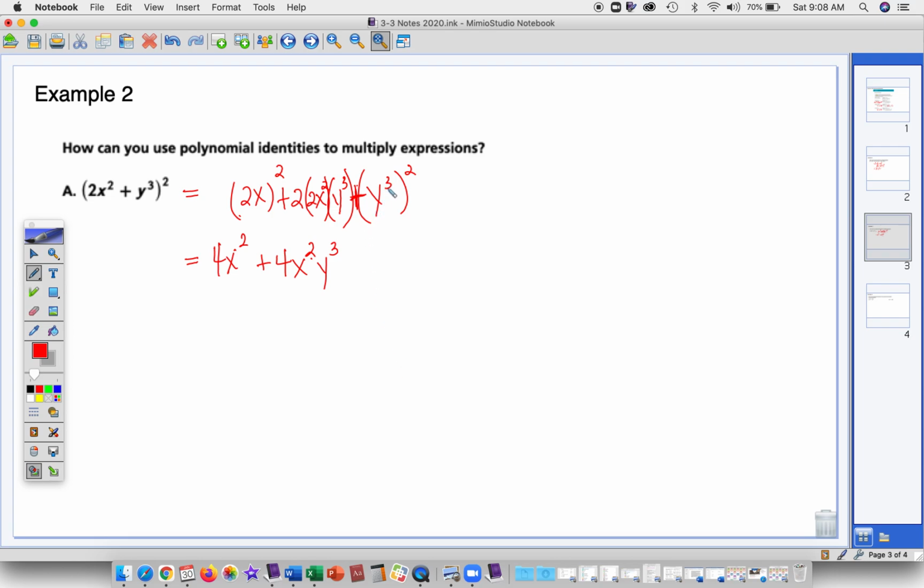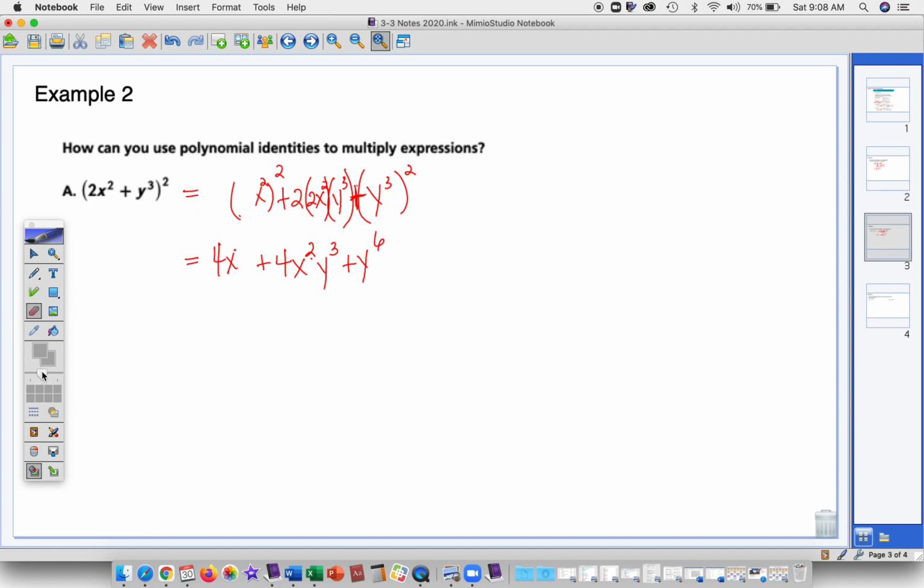And then when we take y cubed and multiply it by itself, remember y cubed times y cubed, we're adding the exponents, so it becomes y to the 6th power. Okay, now, oh, and I missed the square here. Sorry about that. I just did a 2x instead of a 2x squared.